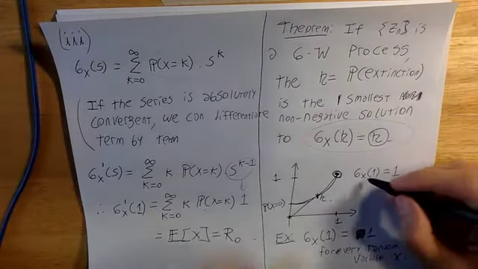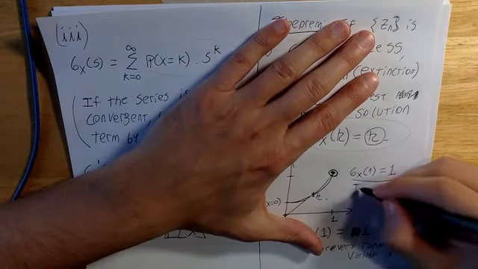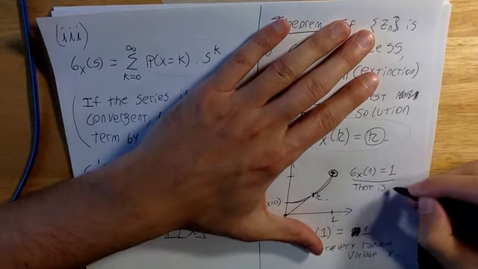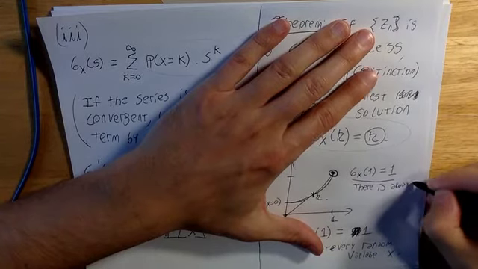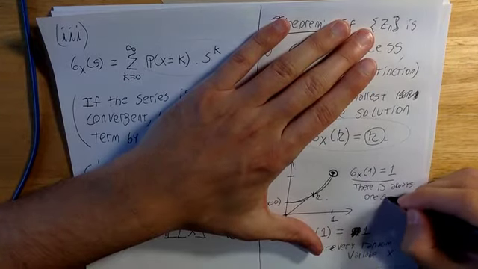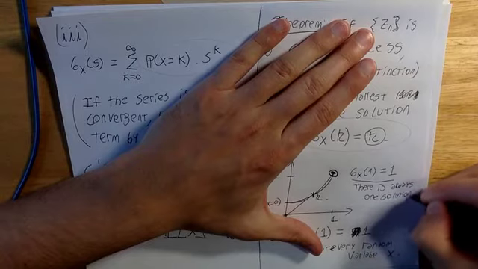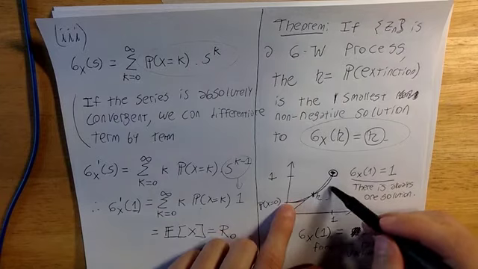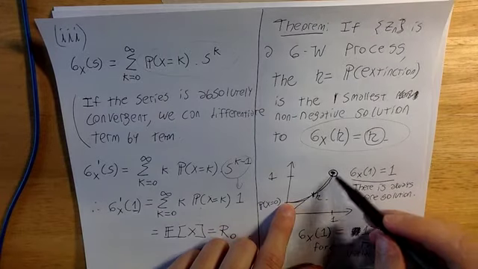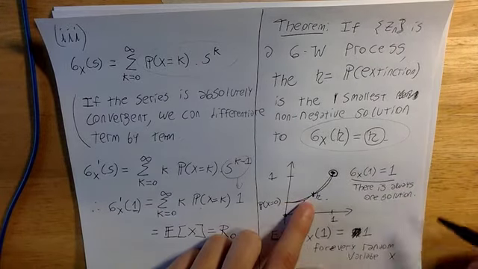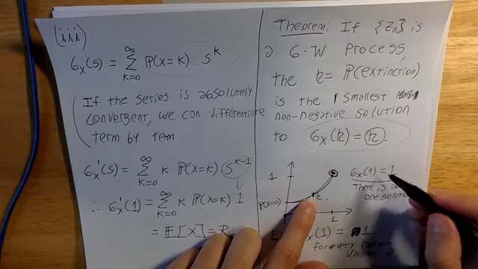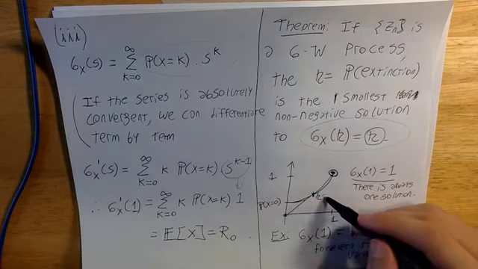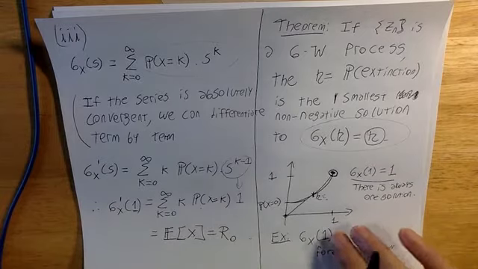So there is always one solution, but we could actually have another solution, and the question is, if we have another solution, can we check that it is strictly less than 1? Okay, so let's do the proof of this.